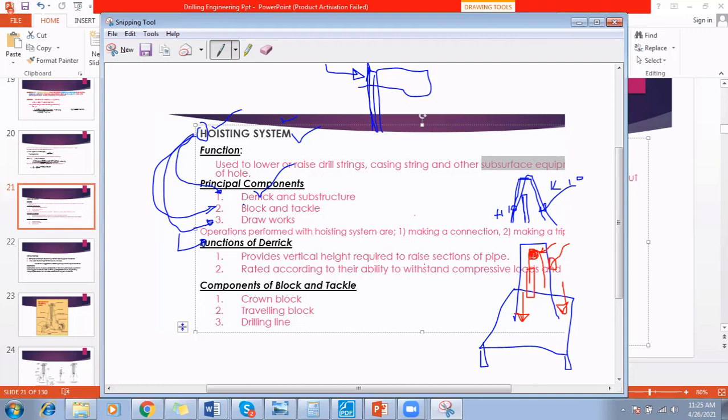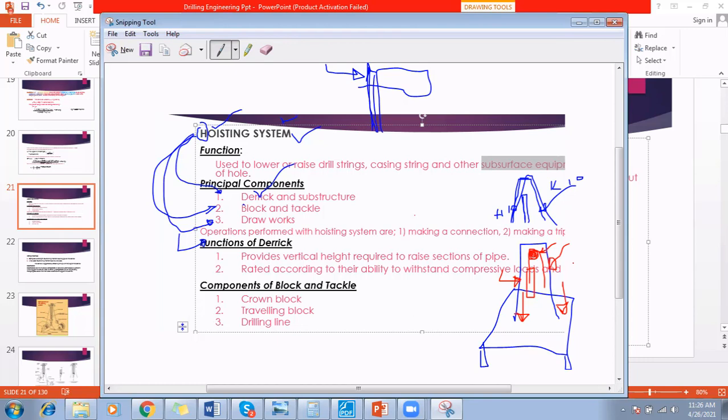So this is another function of the derrick, that all those compressive forces will be handled by the derrick structure. It is actually classified on the basis of its ability to bear these compressive loads.